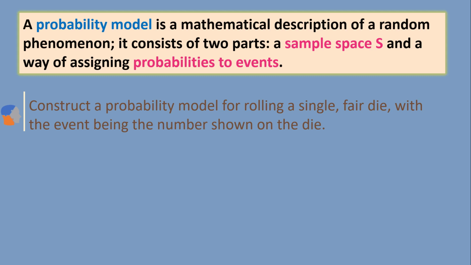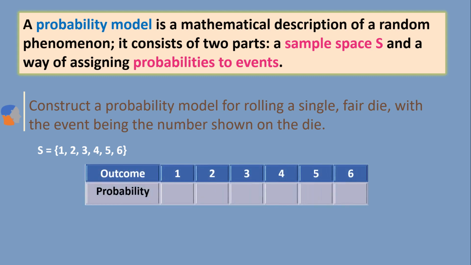First, let me write down the sample space. This is the sample space. Then we need to write the probability for each outcome, because the probability model is the sample space plus probabilities to events.